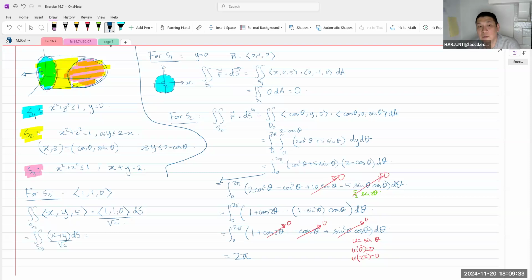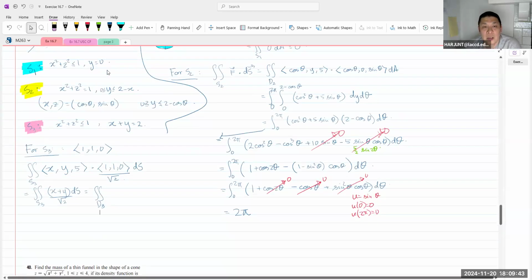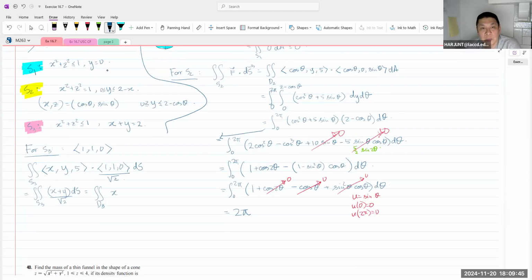Now, dS itself is square root of 2 dA, over the domain of surface 3, where x plus y becomes x plus 2 minus x.